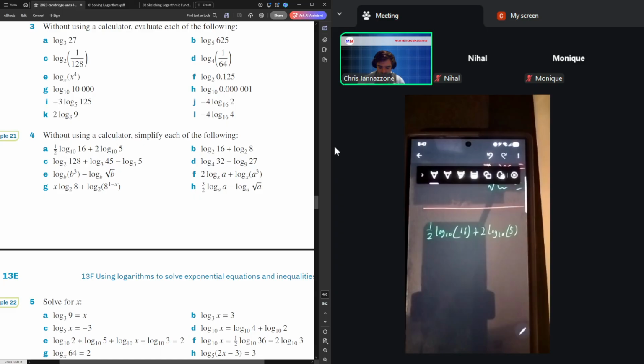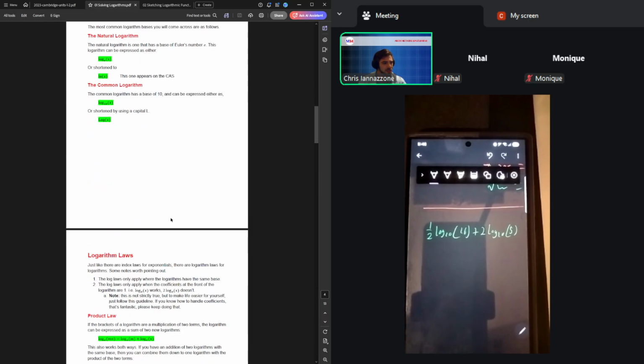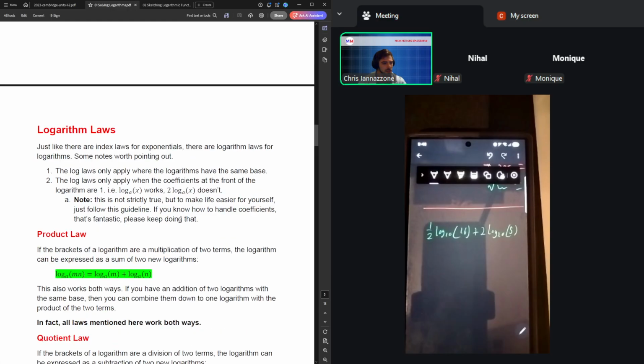There's one thing that we definitely have to consider at the beginning, and that is that all the log laws that we use assume the same base. Yes, they both have a base of 10, which tells us we should be able to use all our log laws. The other thing is that any coefficients on the logarithms can start making life a little bit harder.